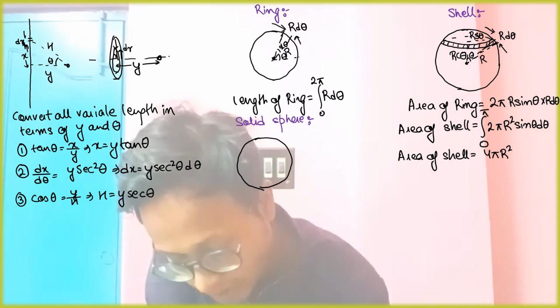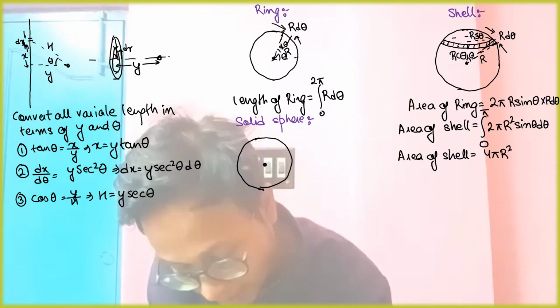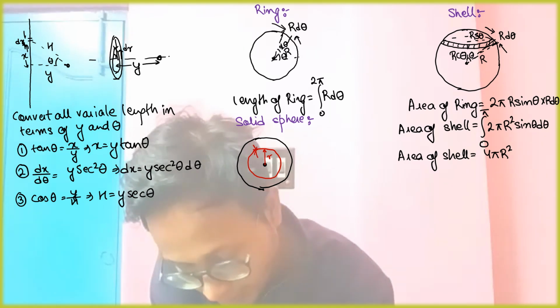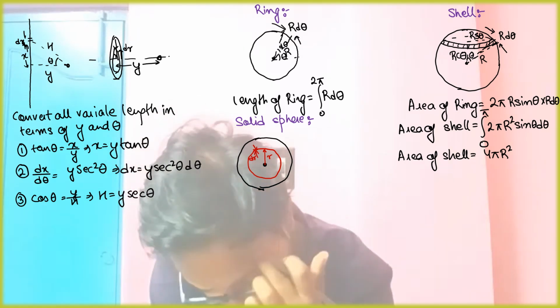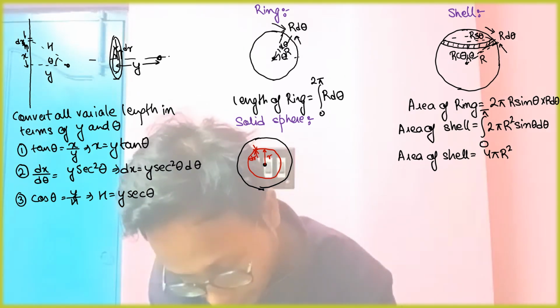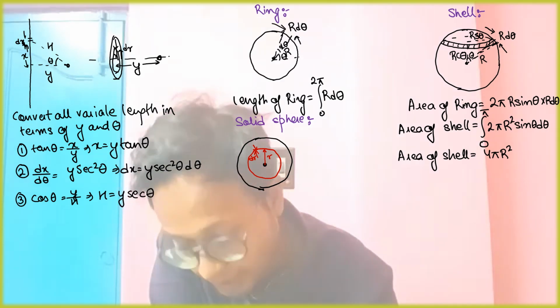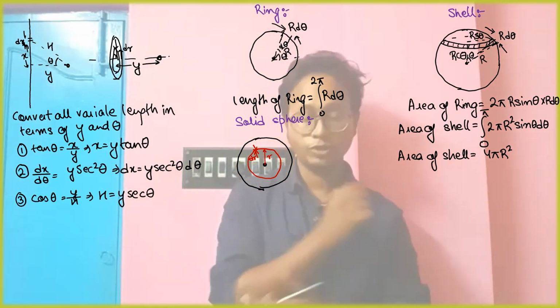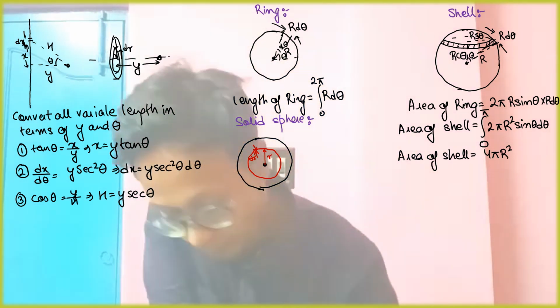The first one is taking an elemental shell of radius r and thickness dr. When I'm integrating a solid sphere, I have to find out the volume, not area.